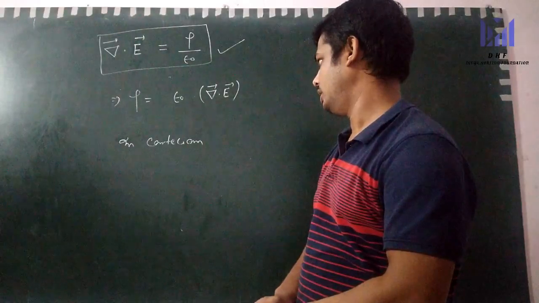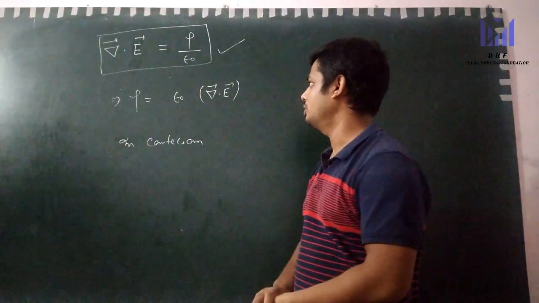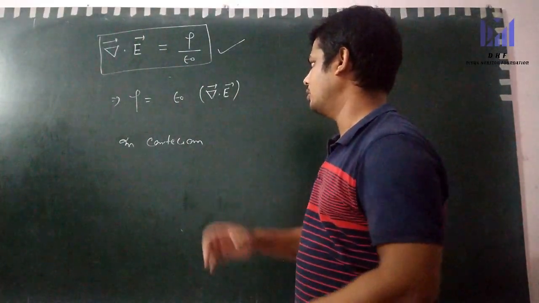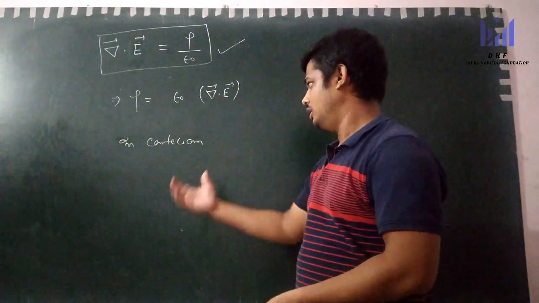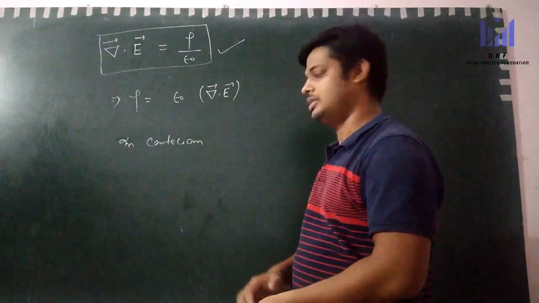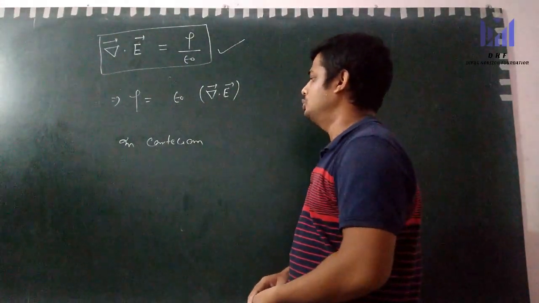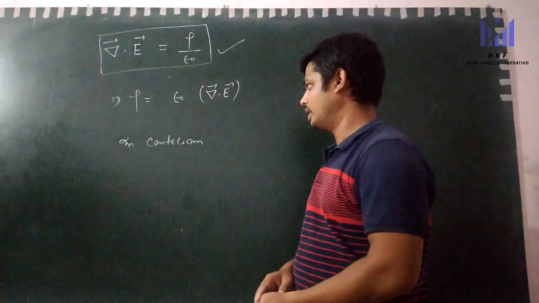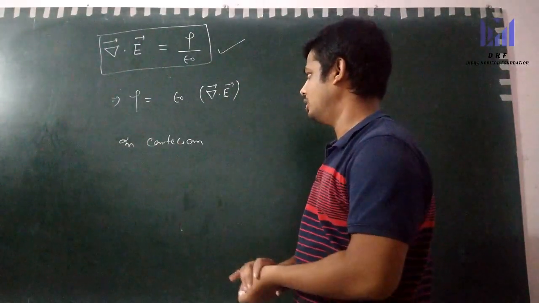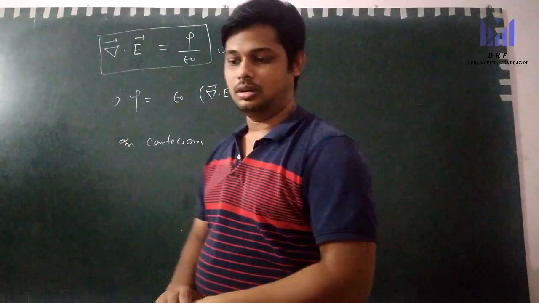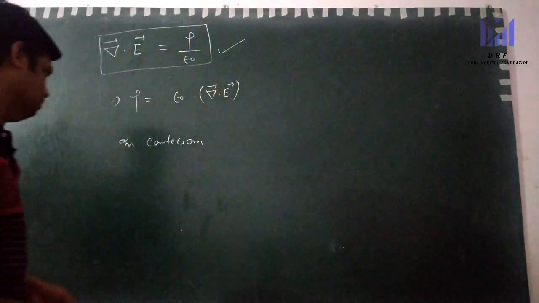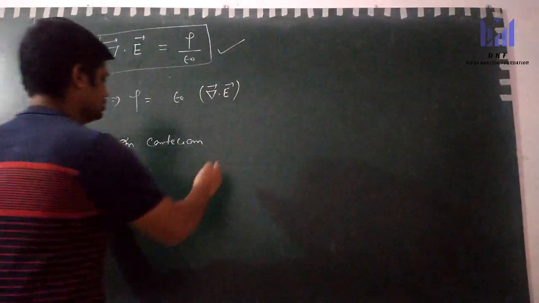But first we calculate using the Cartesian coordinate system, then we will learn how to use the spherical polar coordinate system, which must be better for this calculation. But in the preliminary stage, we use the Cartesian coordinate system.